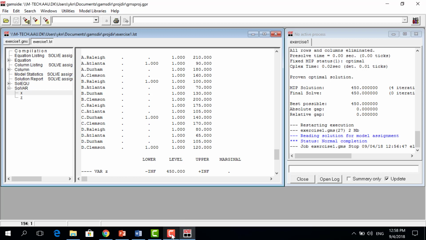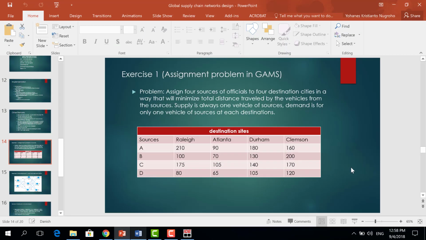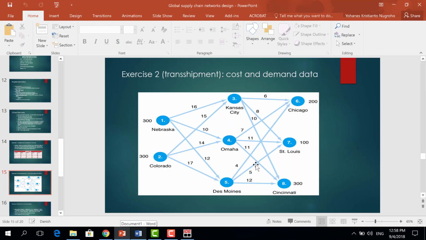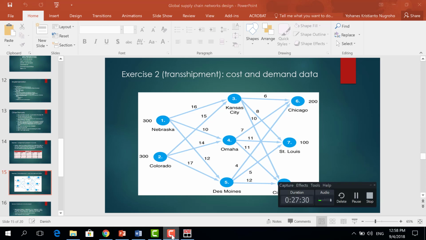And in the next video, we will discuss another assignment. What is that? Oh yes, transshipment. It is more complex, but actually not too complex. We can just add one or two more constraints to get the result. All right, so see you in the next video. Thank you.